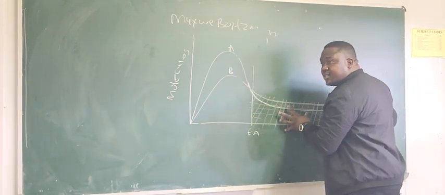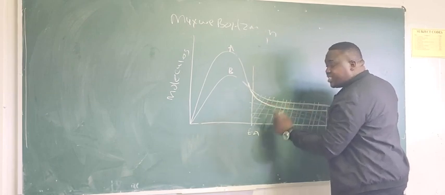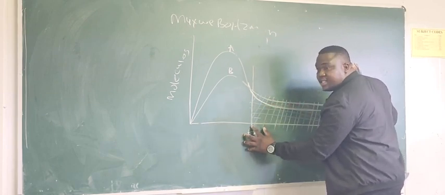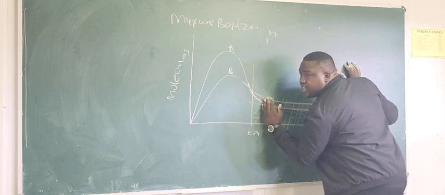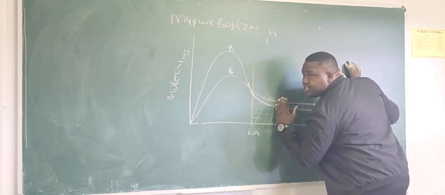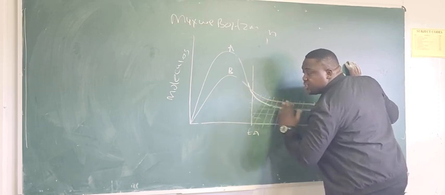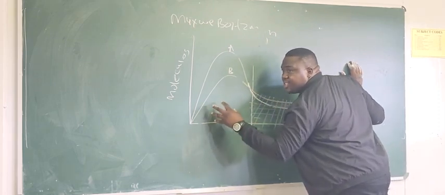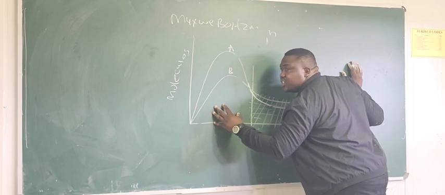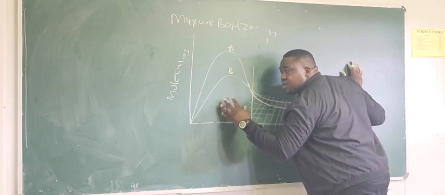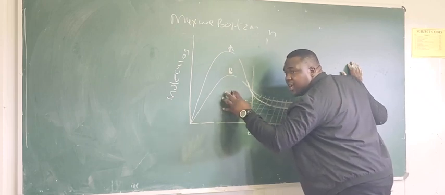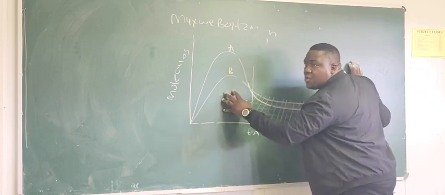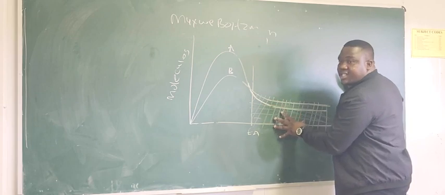The molecules that are here have passed activation energy. It means they've got kinetic energy greater than activation energy. So these ones, the activation energy is not yet reached. Molecules here have kinetic energy less than activation energy, meaning that they won't collide effectively.